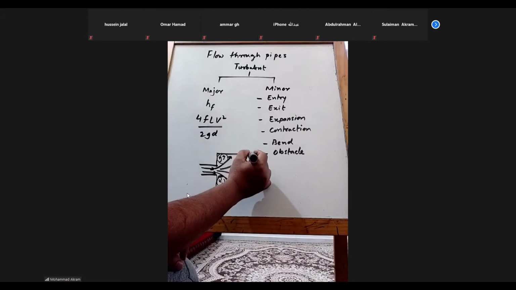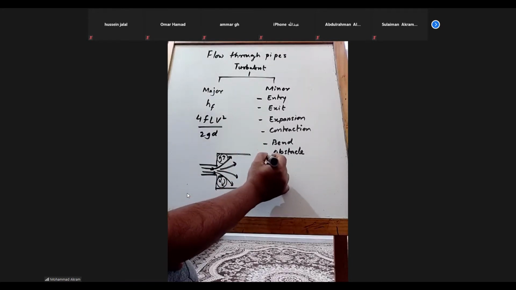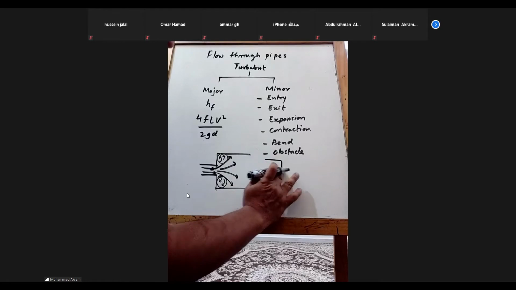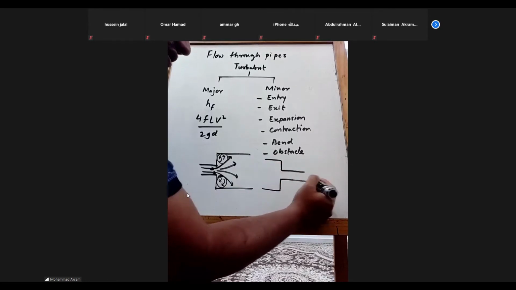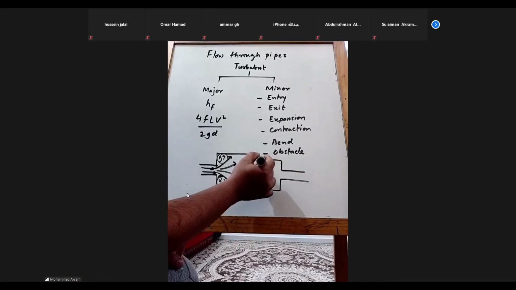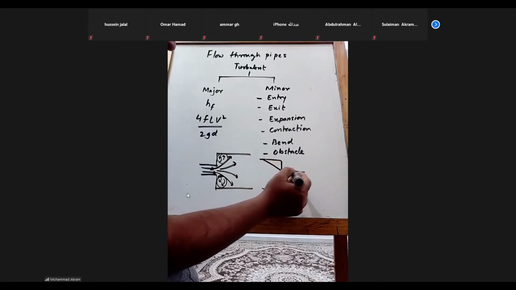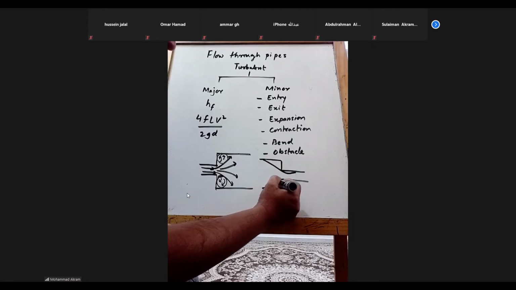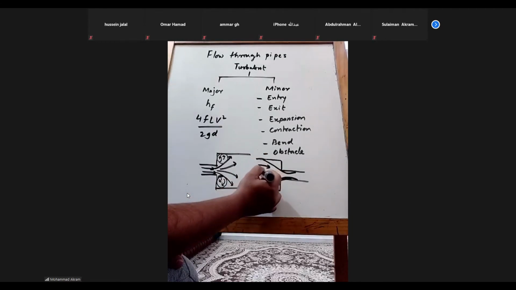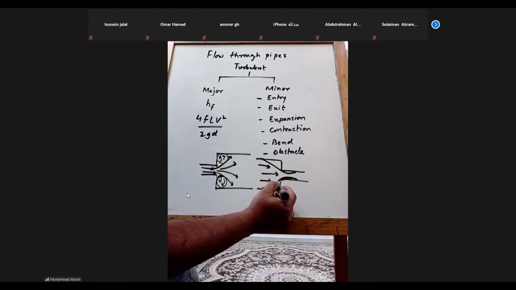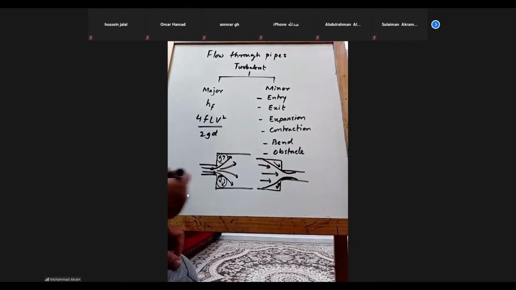Similarly, for example, if you have a sudden contraction, then what will happen? It will go like this. The flow will be like this. Do you think that the flow here will try to go in? I know that you do this while driving.